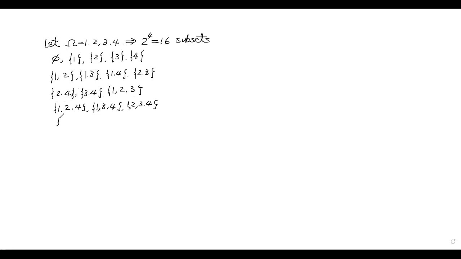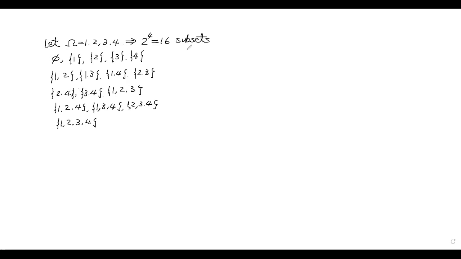Then the last one we have is all of them: {1, 2, 3, 4} is a subset of {1, 2, 3, 4}. So in total, let's count: 1, 2, 3, up to 16. Okay, so that means there are 16 subsets.